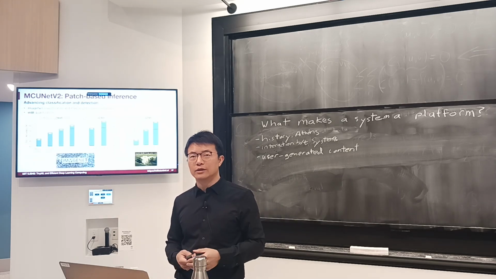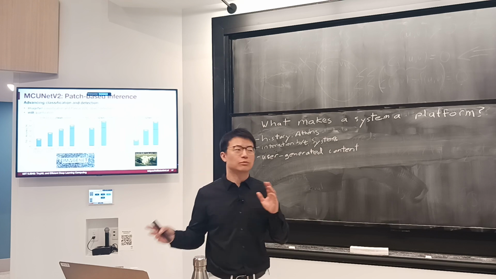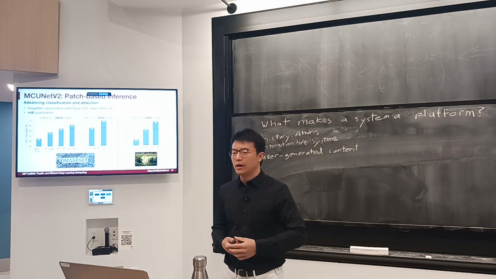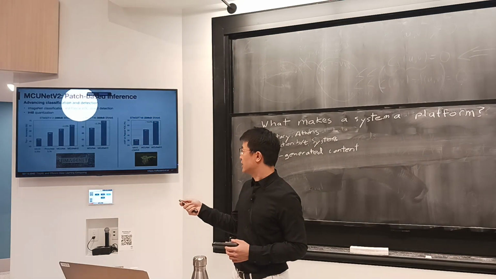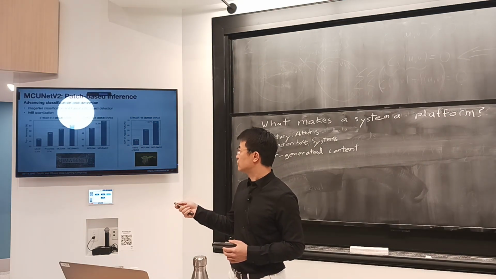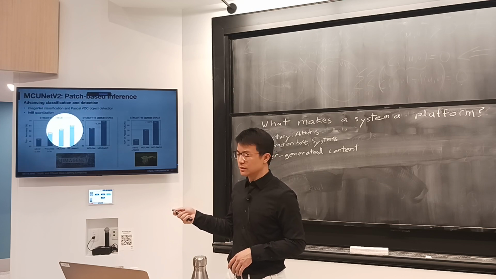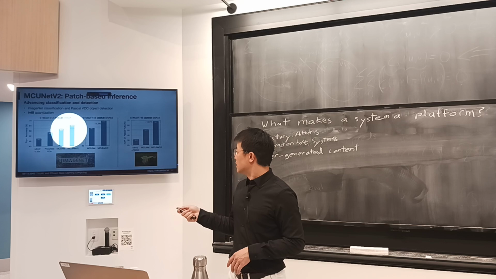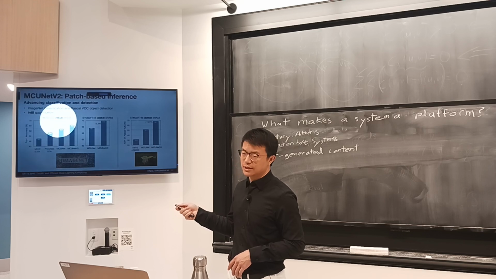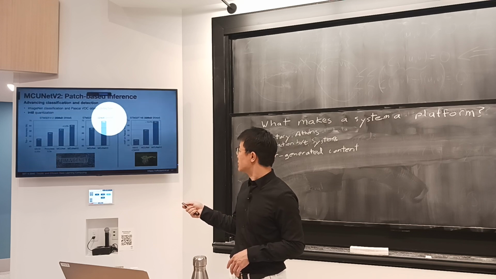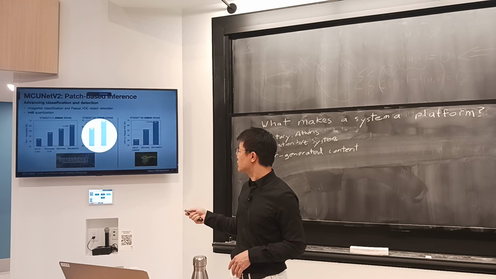And not only on binary person versus no person classification, but MCUNet v2 also advanced classification and detection to large scale, like on ImageNet level classification. So this is the accuracy improvement of MCUNet v2 versus MCUNet, with 256 kilobytes of SRAM versus 320 kilobytes of SRAM.